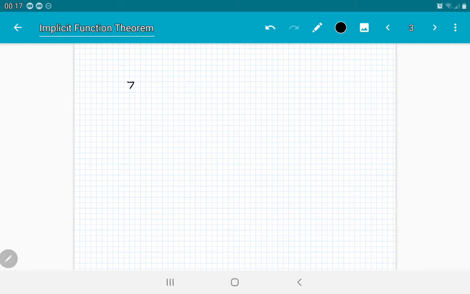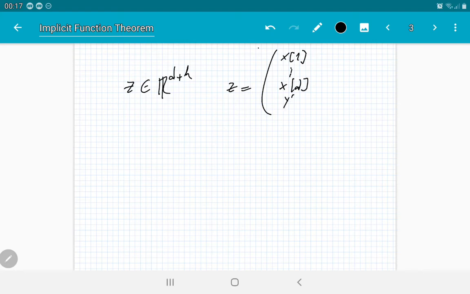So I have z in R^(d+k). And I'm going to write z as having the first coordinates equal to the coordinates of vector x, and the last ones equal to the coordinates of vector y. And then I have an equation like A times z, so that's a linear equation, equals c. And of course, A is a matrix that I'm going to write like this.